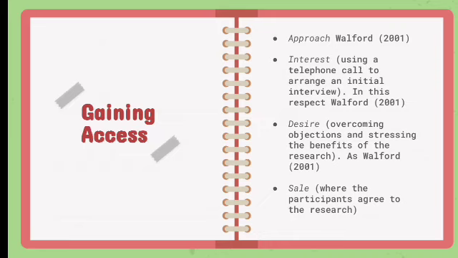In this context, Wolford 2001 contends that an initial letter should be used only to gain an initial interview or an appointment, or even to arrange to telephone the head teacher in order to arrange an interview, not to conduct the research or to gain access.